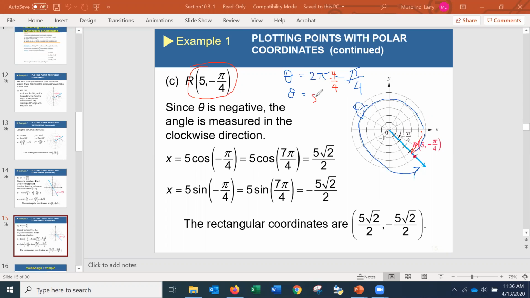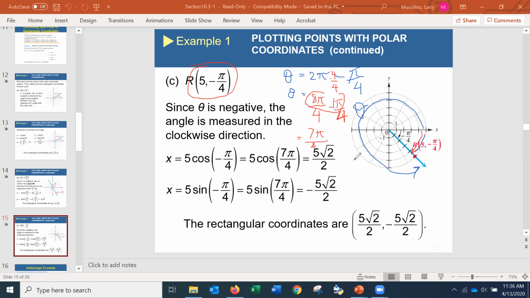So now I'm going to end up with 8 pi over 4, subtract pi over 4. It'll be 7 pi over 4. Yep, so I'm going to subtract the numerators. I'm thinking of this as 8 pi, subtract 1 pi. That's 7 pi. And on the bottom, I have 4. So 7 pi over 4 is the angle theta.